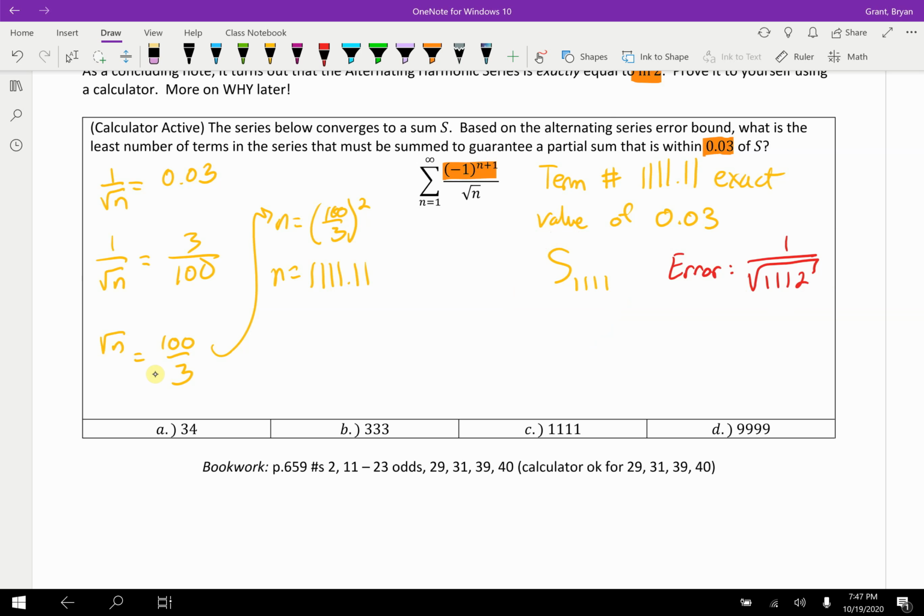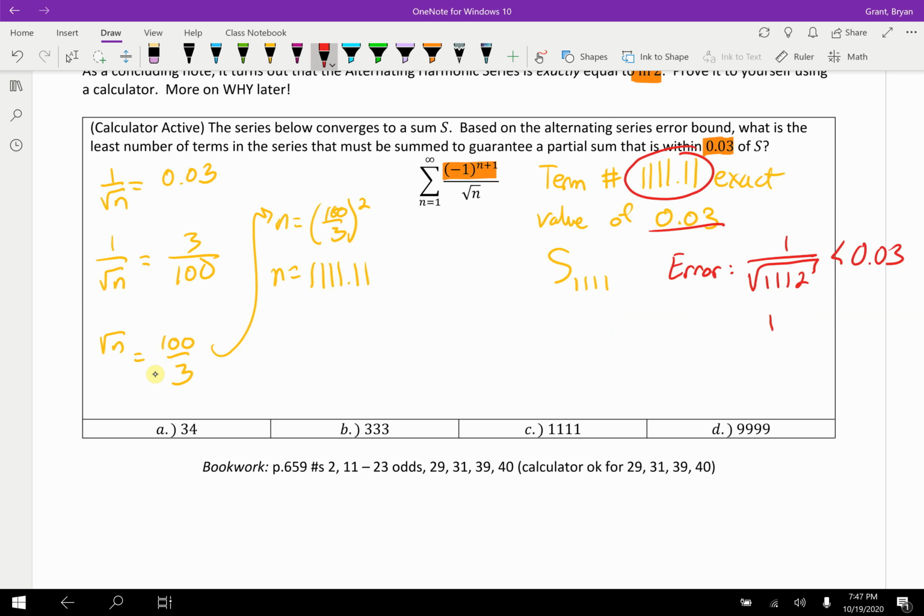The next term I didn't use is this. Well, if this in between these two values gives me exactly this, then a term that's further along than this, right, 0.89 higher than that, is going to give me a value that is less than 0.03.